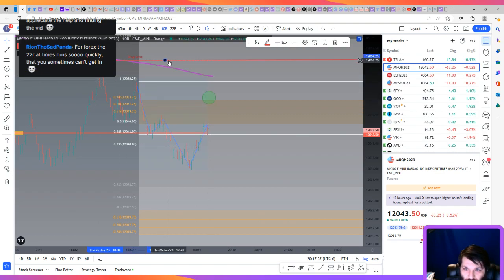Stop loss would probably be basically in the same exact spot that it was at, 64. First target would be here. Second target would be here, right?